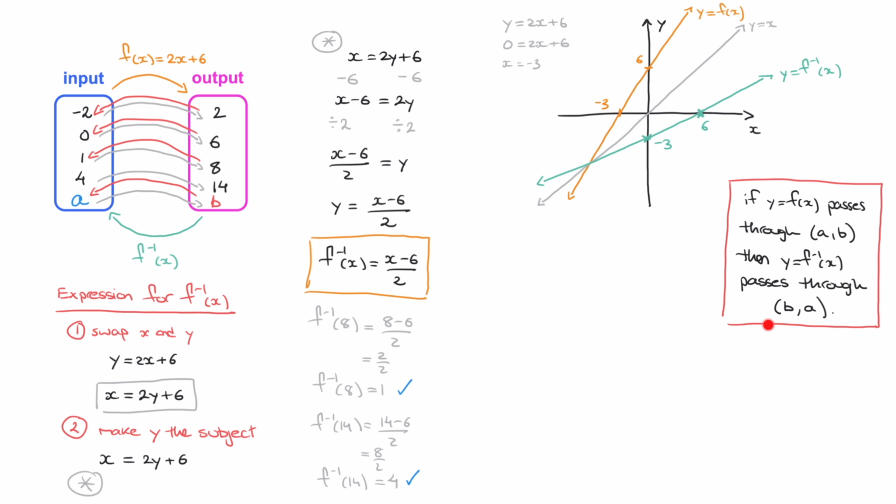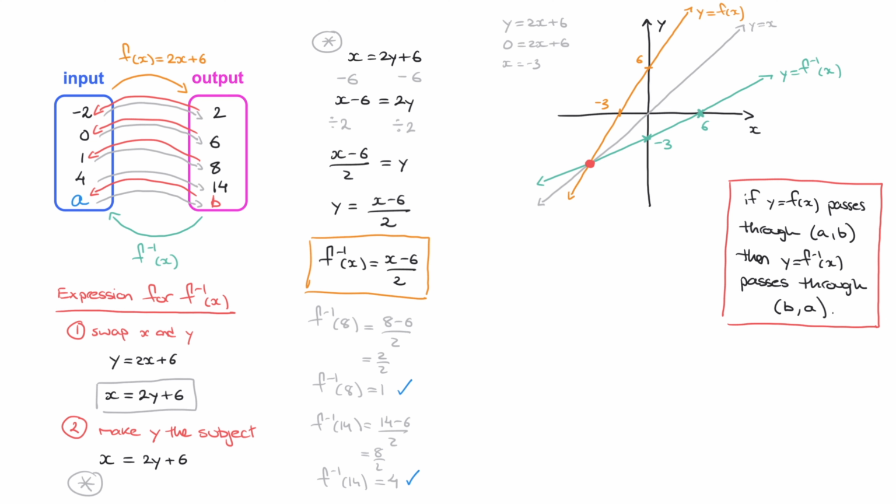Furthermore, thanks to this rule here, we quickly notice that the x-intercept of f of x becomes the y-intercept of inverse f of x, and the y-intercept of f of x turns into the x-intercept of inverse f of x. And in this particular example, we can also point out that f of x and inverse f of x intersect at a point. And that point is right here. And the key thing to realize here is that that point lies on the line y equals x.